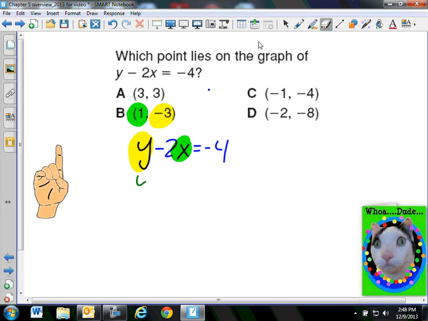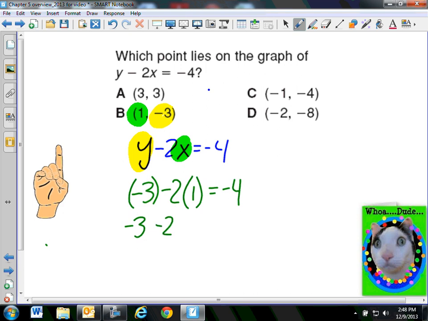So I have negative 3 minus 2 times 1 equals negative 4, and I'm going to solve this. It's negative 3, negative 2 times 1 is negative 2, equals negative 4. That's going to give me negative 5 equals negative 4.